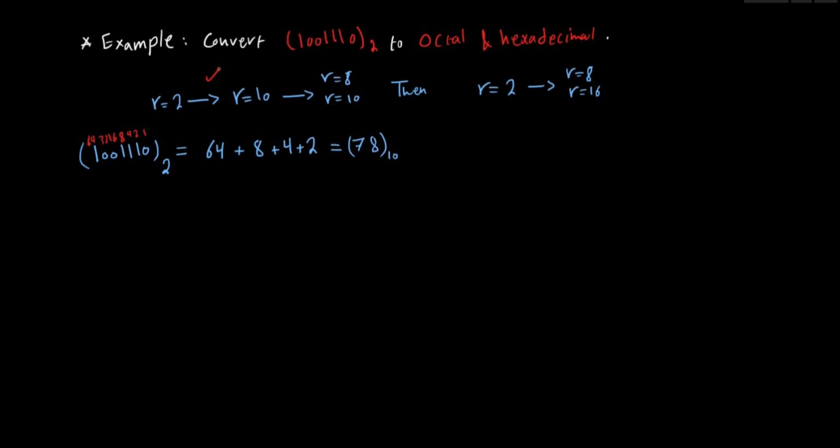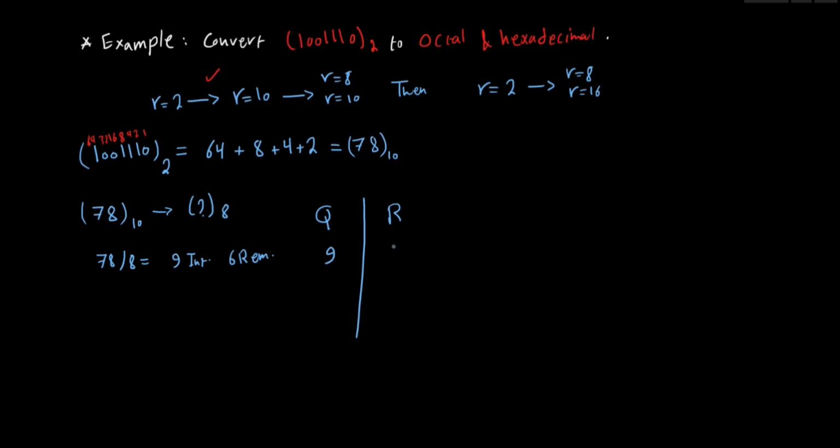78 decimal is a whole number, so we only have to convert the whole number. We have the quotient column here, remainder column here, and then we start our iterations. 78 divided by 8 equals 9 as an integer and 6 as a remainder. So the quotient gets 9 and the remainder gets 6. 9 doesn't equal 0, so we continue. 9 divided by 8 means 1 as an integer and 1 as a remainder.